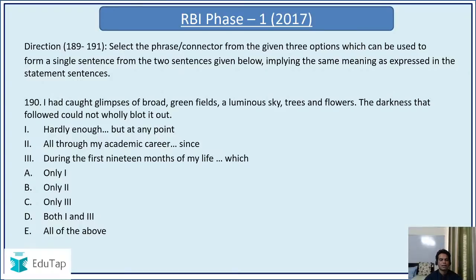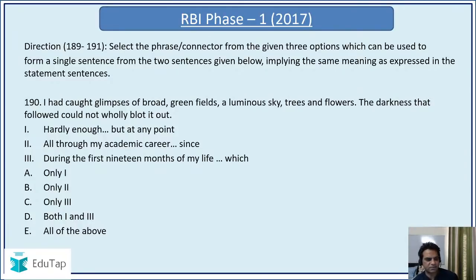Okay. Now let's look at the three connectors, guys. Hardly enough. I had caught glimpses of broad green fields, a luminous sky, trees and flowers. But at any point, the darkness that followed could not wholly blot it out. Okay. Although all through my academic career, I had caught glimpses of broad green fields, a luminous sky, trees and flowers.